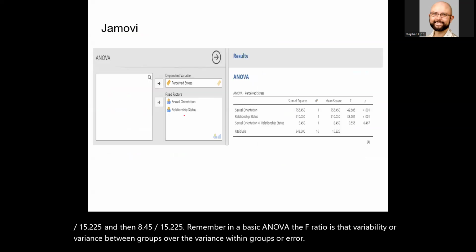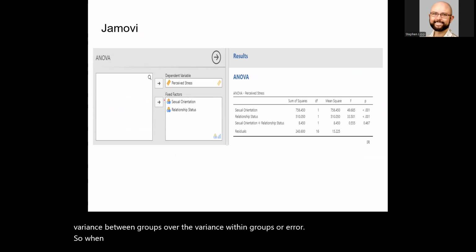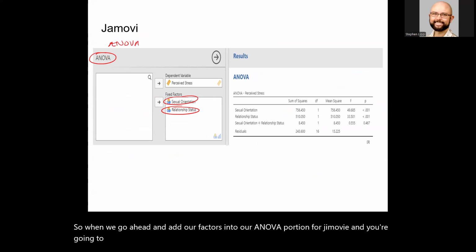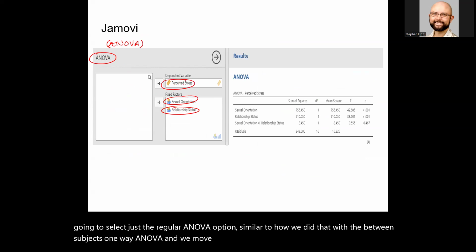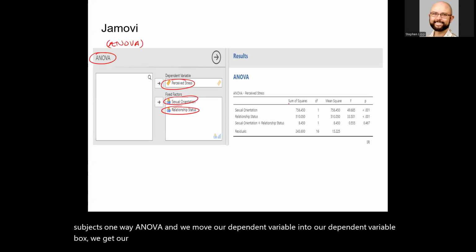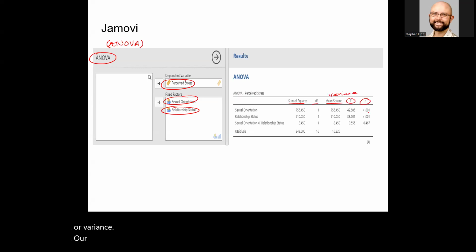So when we go ahead and add our factors into our ANOVA portion for Jamovi, you're going to select just the regular ANOVA option, similar to how we did that with the between subjects one-way ANOVA, and we move our dependent variable into our dependent variable box, we get our nice summary table with sum of squares, degrees of freedom, mean square or variance, our F statistic, and our p-value.